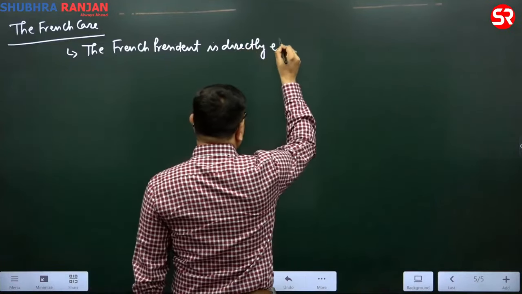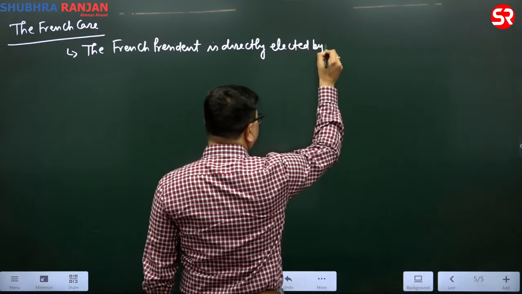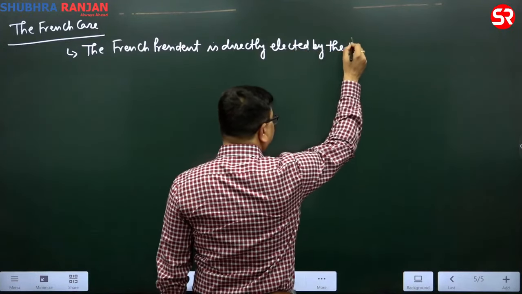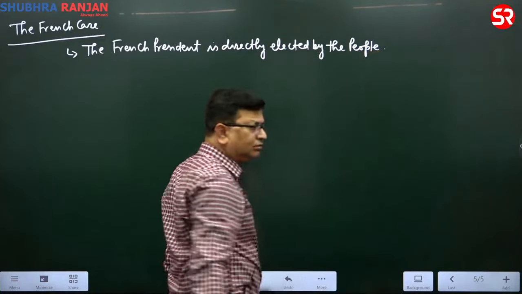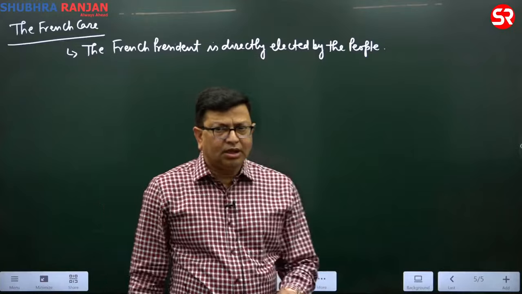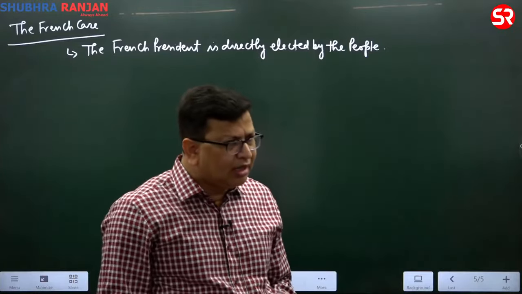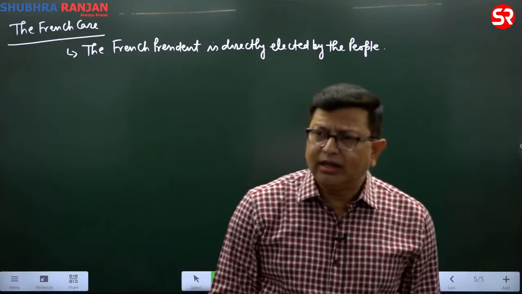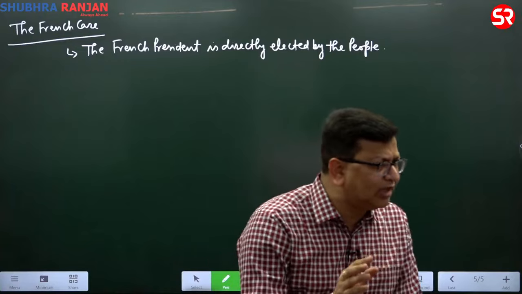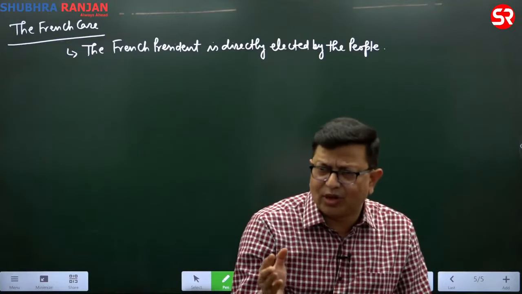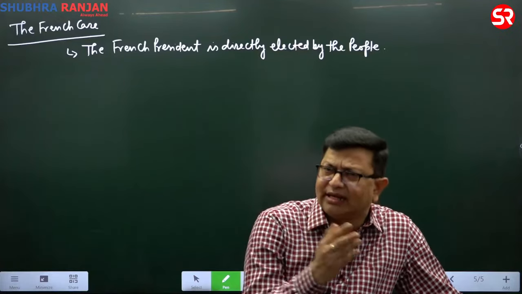is directly elected by the people. When we say direct election, in fact, the American president is elected through an electoral college. Now the elections are in process, so the procedure has started.